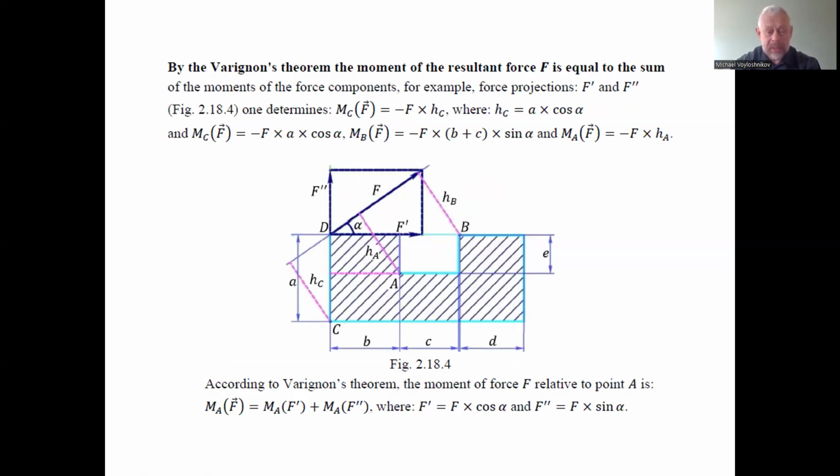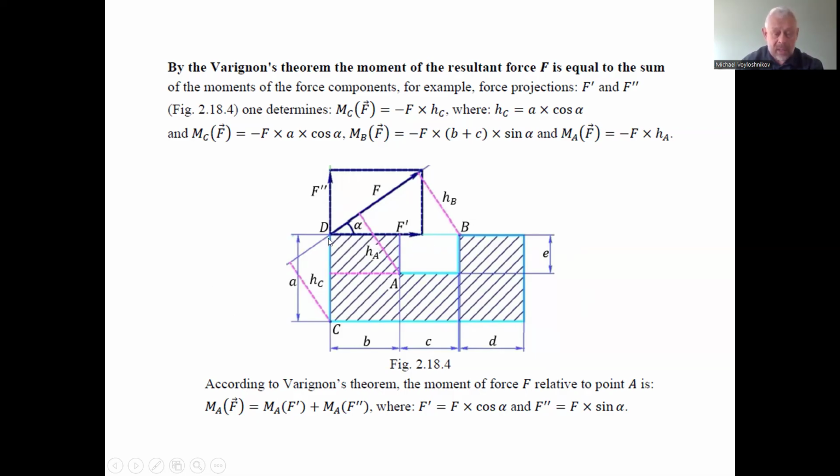Another thing we have to use is the Varignon theorem for the moment of the resultant force. This means that the moment of the resultant force, here for example force F, around any point taken on the figure, inside the shaded mechanical body or outside it, it's not so important, any point can be used, is equal to the moment of the components of the force.